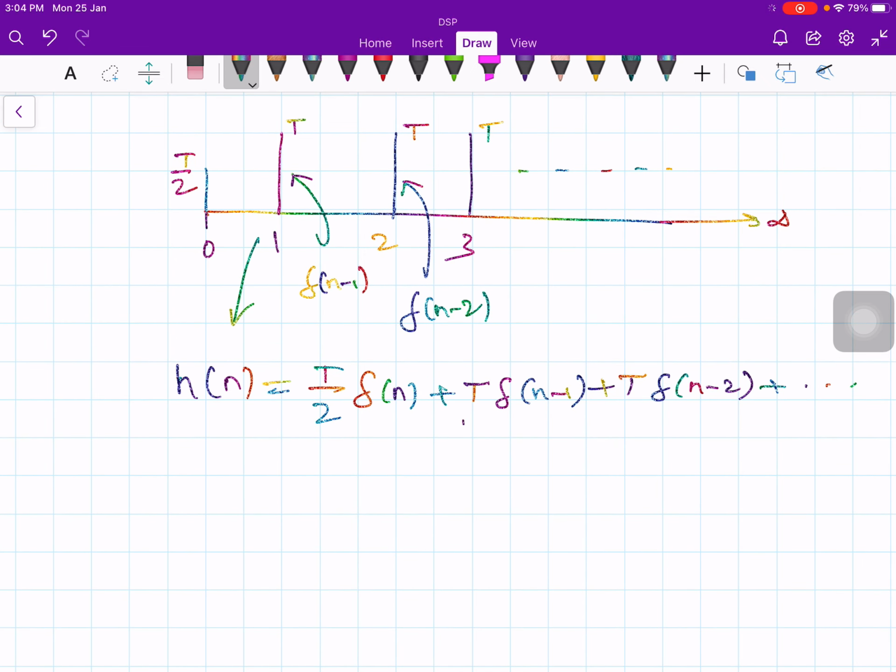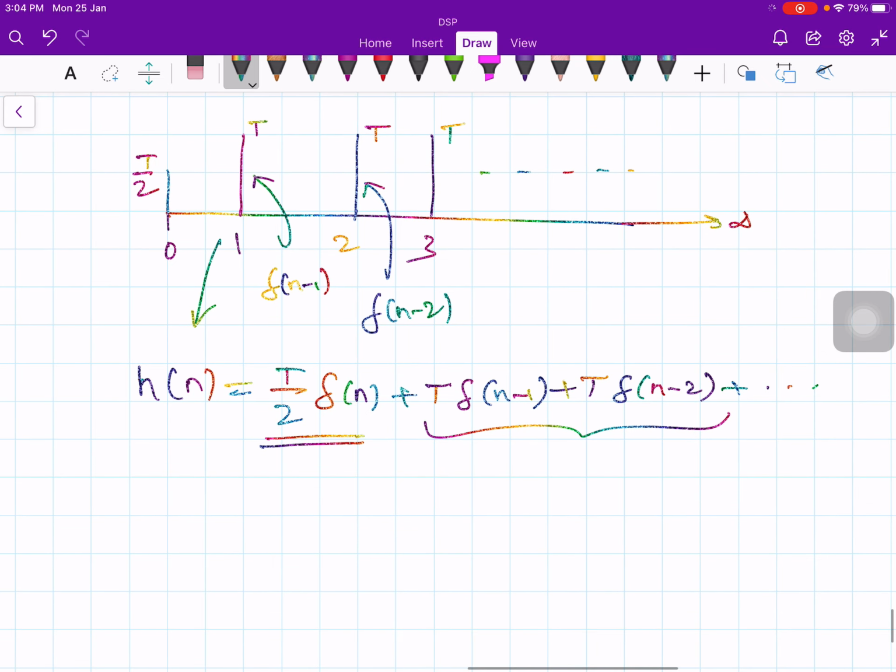How do you write this in compact form? More conveniently, we can represent it using standard digital signals. We know u of n has another half magnitude here, that magnitude we do not have. So what to do in that case?